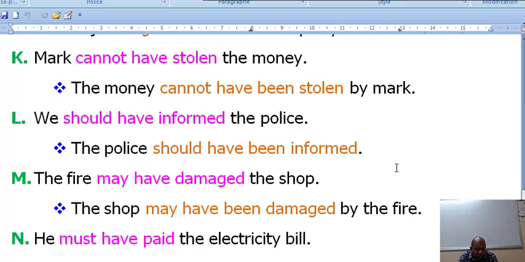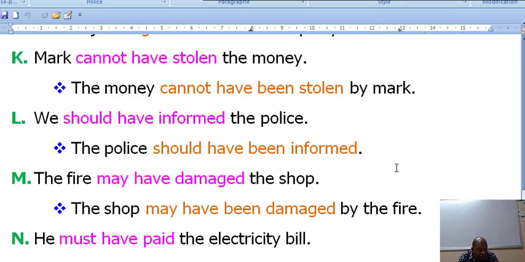Modal plus have plus past participle, already in the active voice. So 3 elements. When we passivize, we have 4 elements. Am I clear? Cannot as a modal, have, as I have said, auxiliary does not change, plus past participle. This is the second rule.